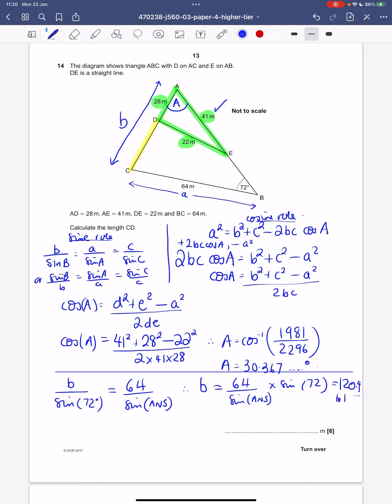I'll just put to 1 dp. Okay, and we actually want CD, which is now equal to b take away 28, which is my new answer take away 28. It's already on the calculator, 92.4 metres to 1 dp.